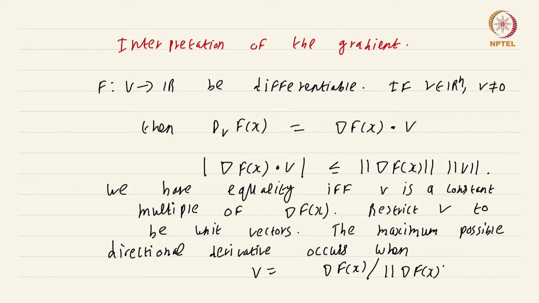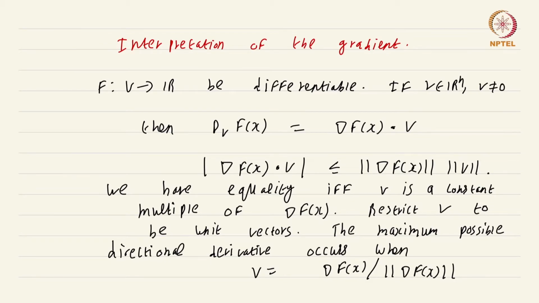This is going to be a unit vector. I'm assuming the gradient is non-zero for this to make sense. So in other words, the gradient gives you the direction of the maximum rate of change of the function. This is the standard interpretation of the gradient.